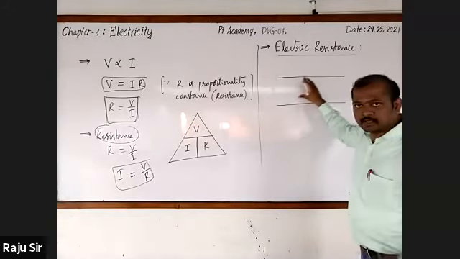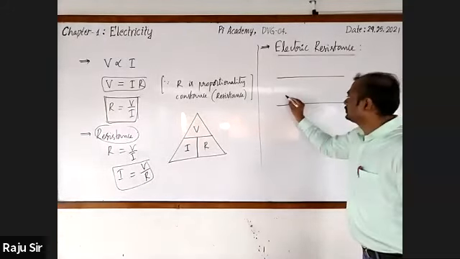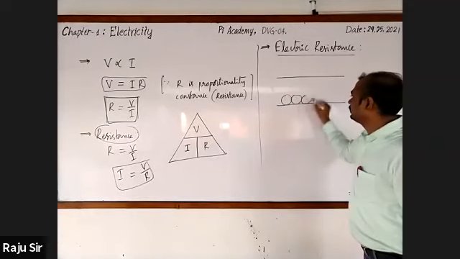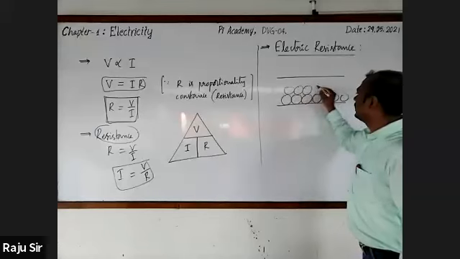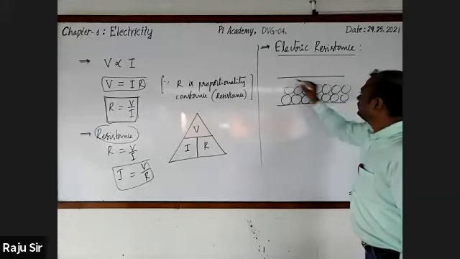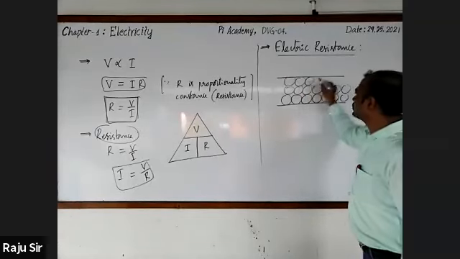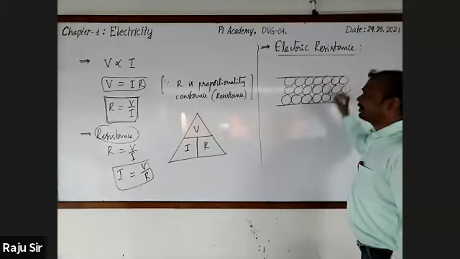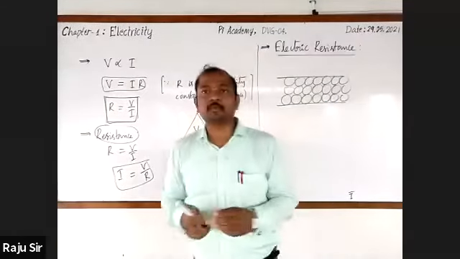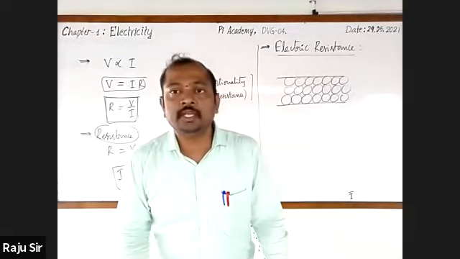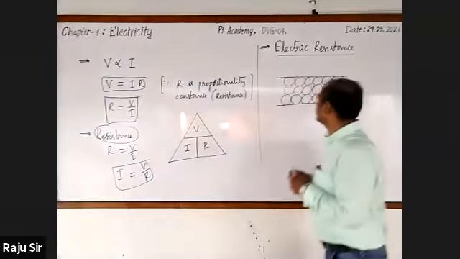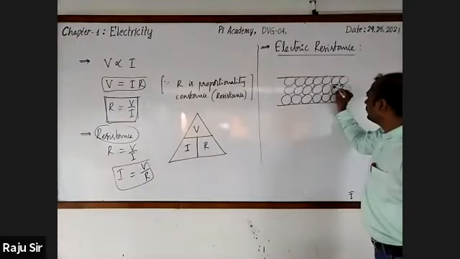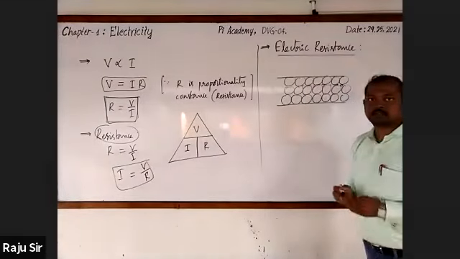As it is a solid, the atoms are bound very close to each other like this. And there are electrons which are loosely bound to the atom or free from the atom. They are called delocalized electrons. And these delocalized electrons will be moving in this space.